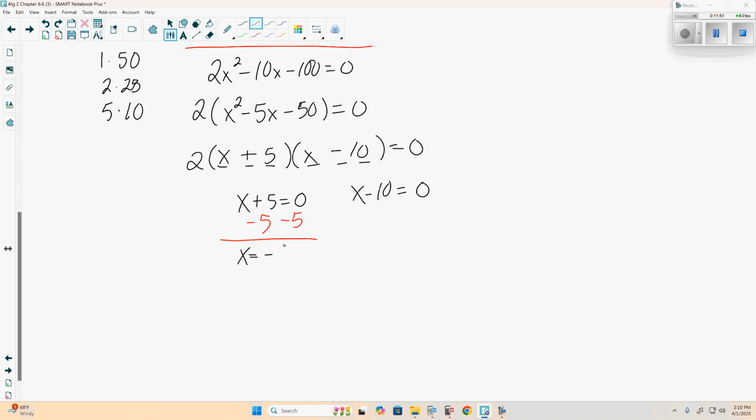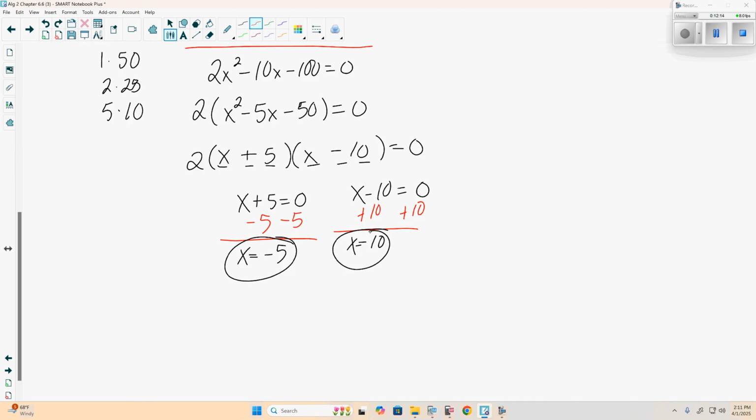Lo and behold, telling us x is negative 5. X minus 10, we would add 10, telling us x is 10. Both ways give us the answer, yes? Questions on any of this so far?